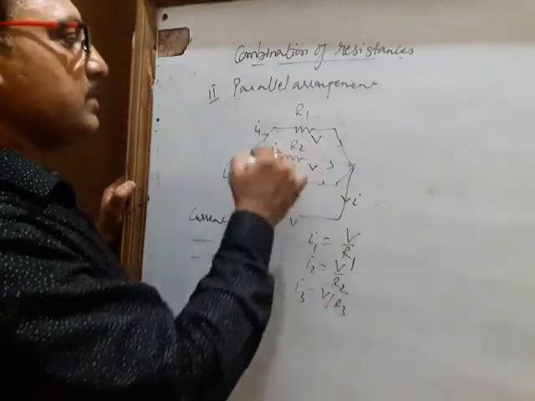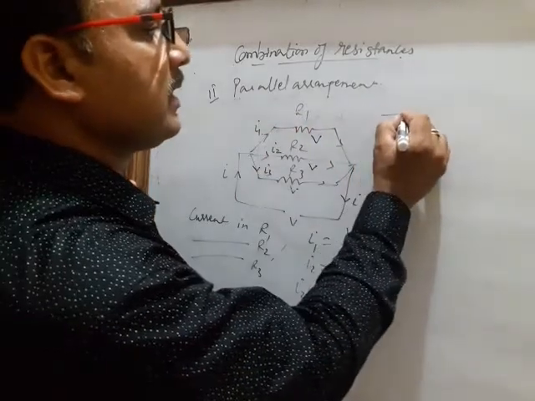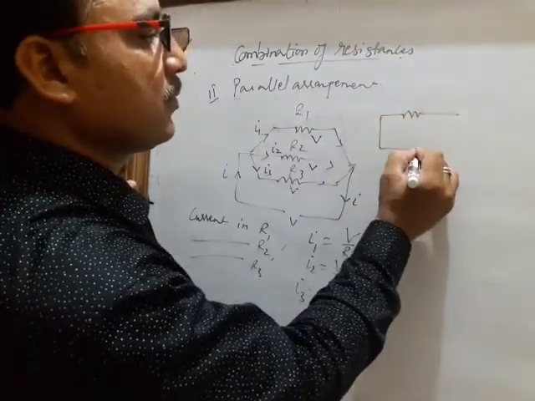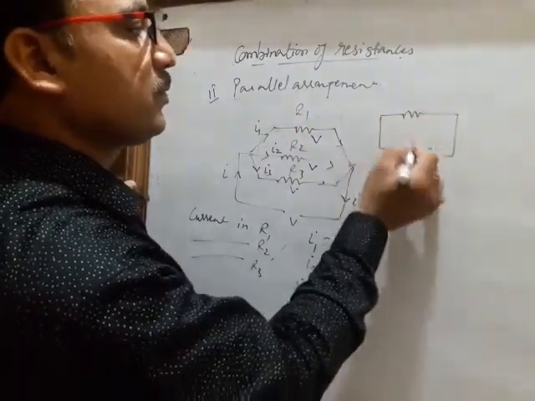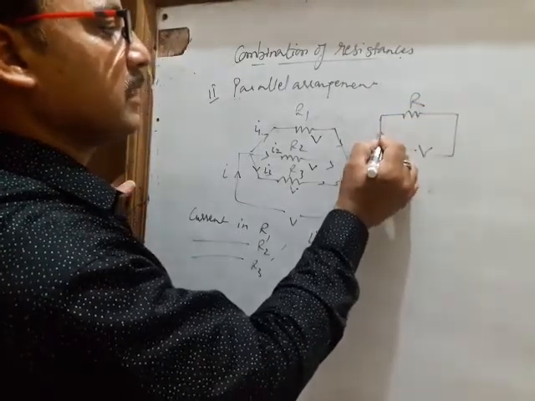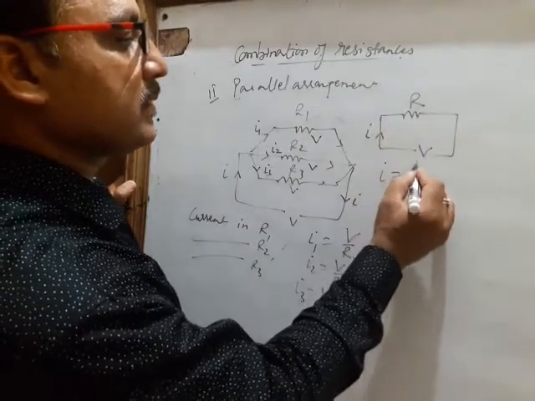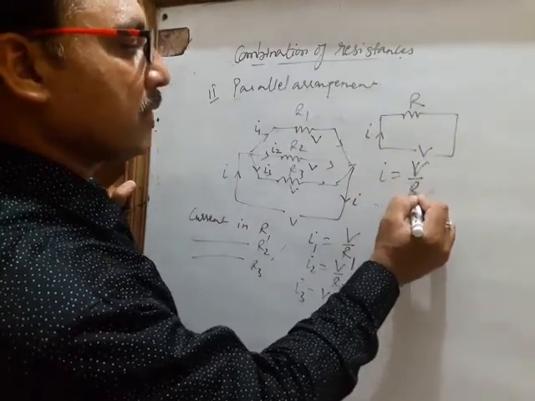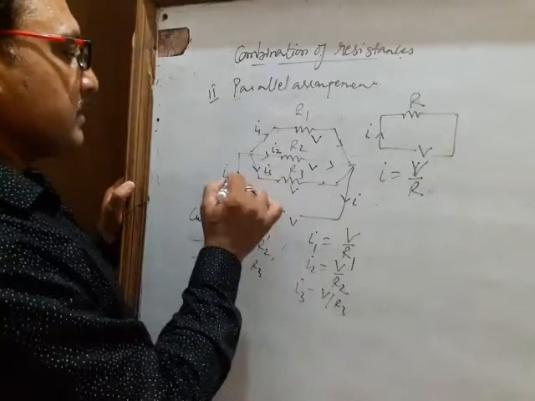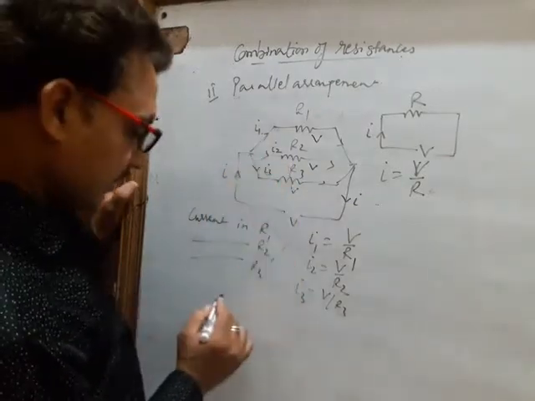If I want to replace all these three by a single resistor R, and the current going is I, then I equal to V upon R. And this I is actually I1 plus I2 plus I3.